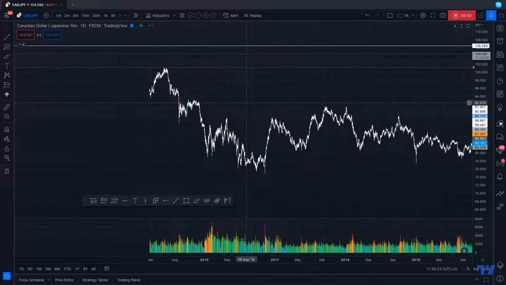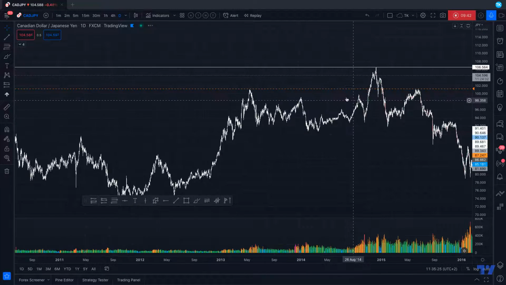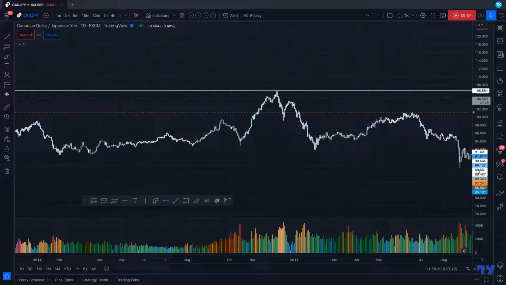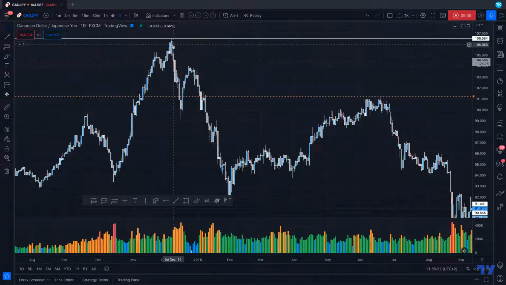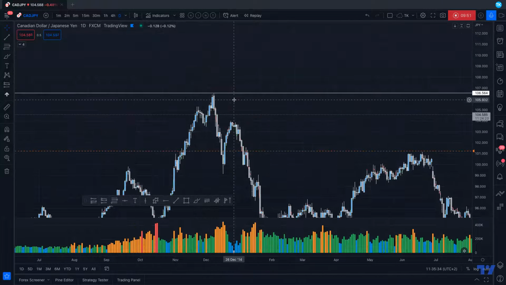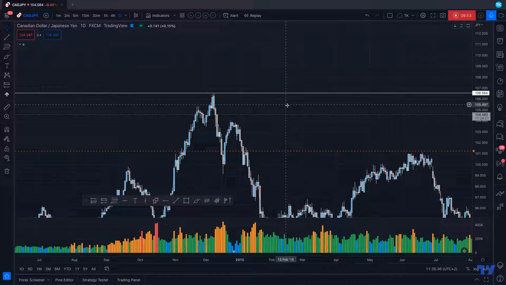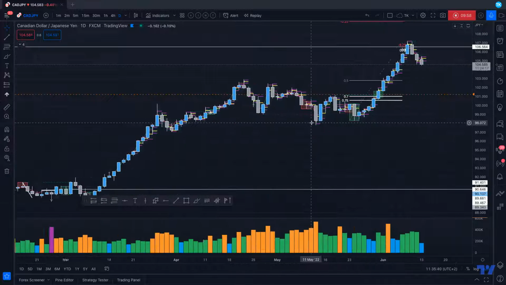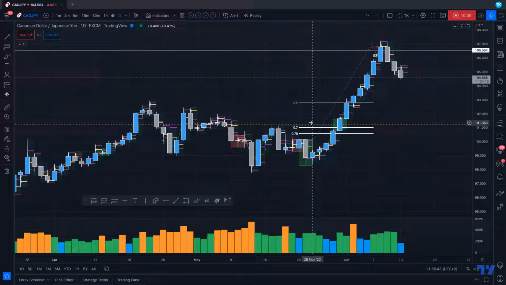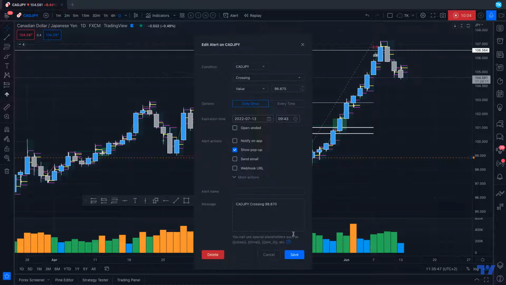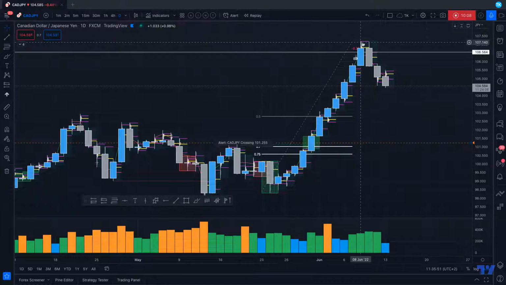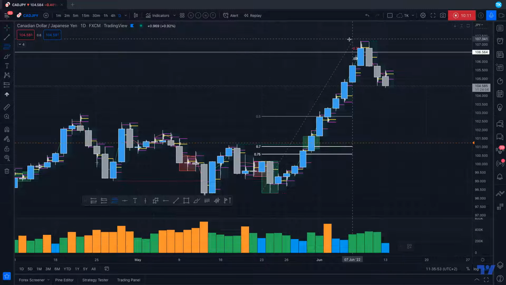So this is probably the last high that we have, with a double top. So it means that here there is a lot of liquidity, and so this could be a very good opportunity to take. And here we have another engulfing.